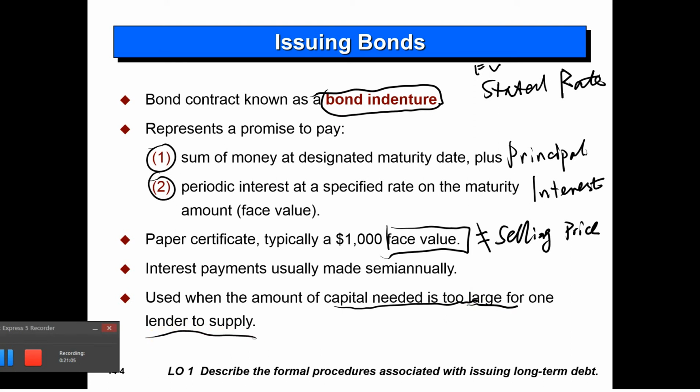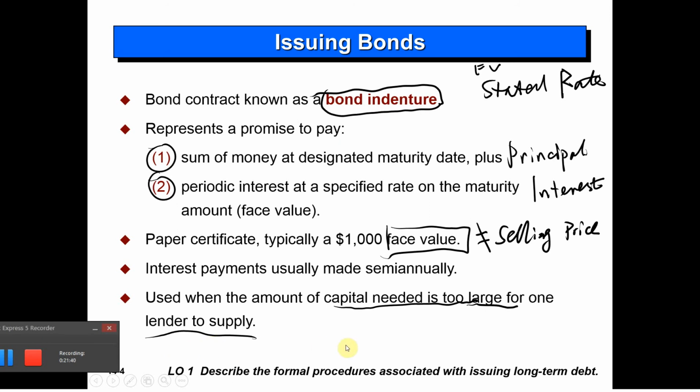So that is why those large companies tend to borrow from the general public. Of course, this is on the condition that those large companies have the reputation with the general public, or the information is out there for those large companies. If there is no information about a company, then it will be very difficult for the company to issue bonds to the general public. Used when the amount of capital needed is too large for one lender to supply.